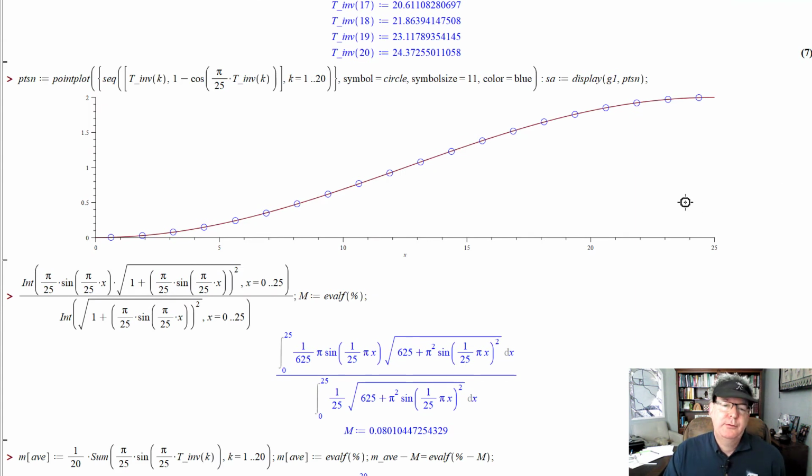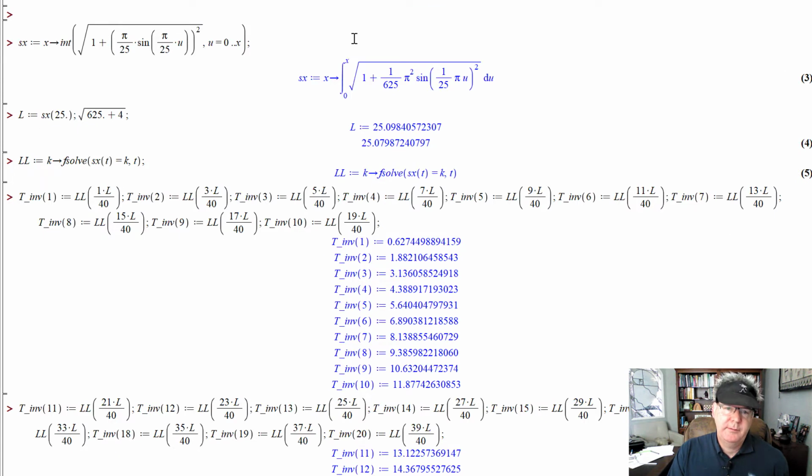And when we start running into the problem of, for arc length, can I get x in terms of s? Not really analytically. Right, so here's 20 points equally spaced along the curve, and I can set up an arc length function and then solve for what x value will be 1/40th of the length and 3/40th of the length, etc. So I found the x value, which would give me the appropriate length I want.